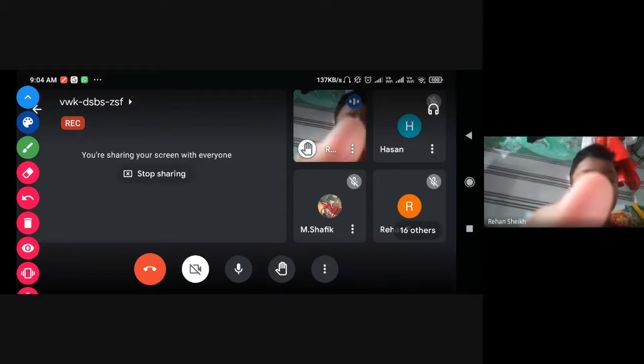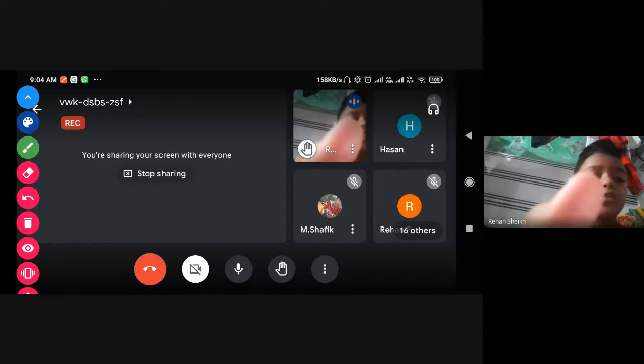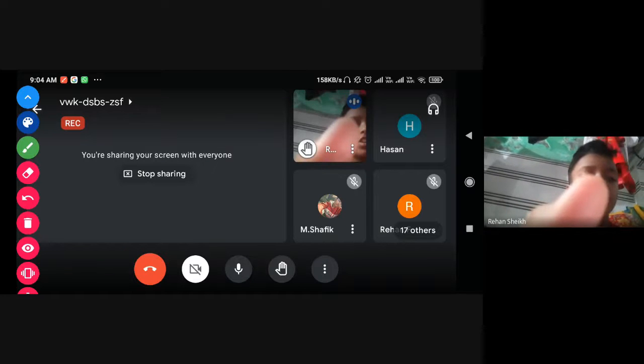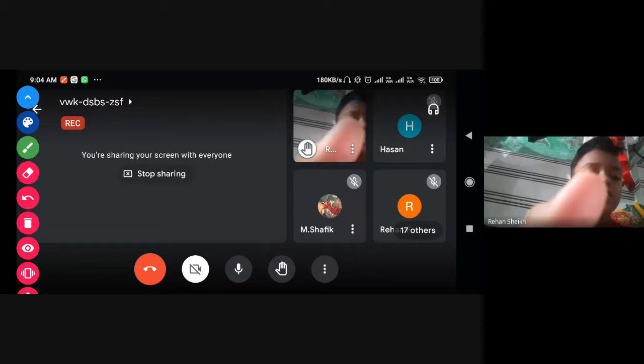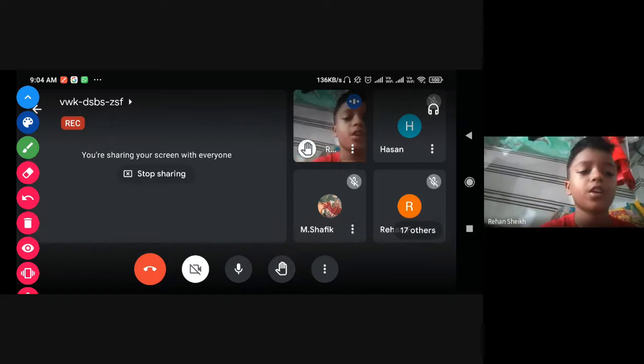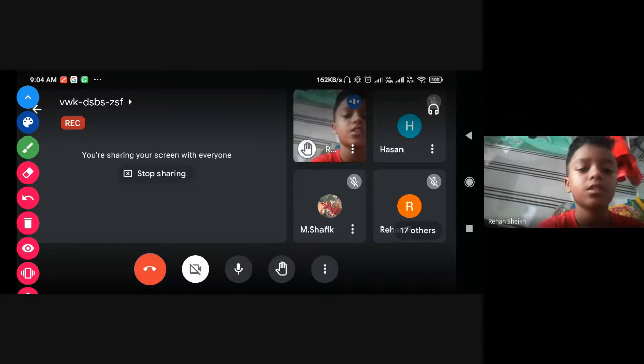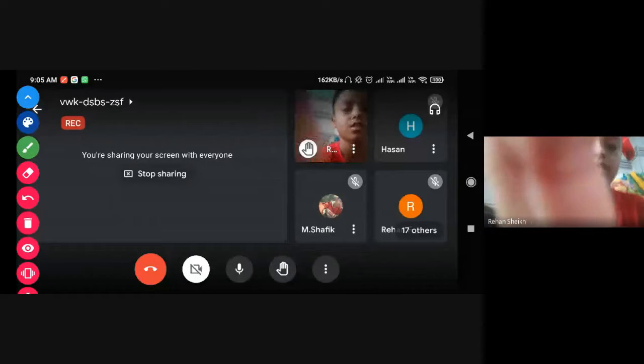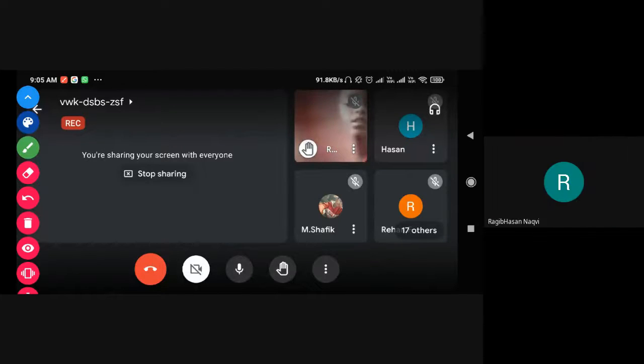In this process, fiber from a mass of cotton wool are drawn out and twisted. This brings the fiber together to form a yarn. Ma'am, okay, I learned.